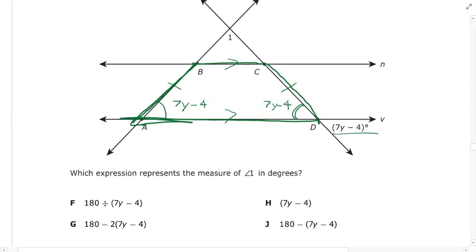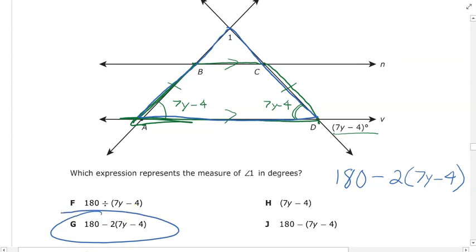Now if I look at the big triangle that includes angle 1, it has two base angles of 7y minus 4, 7y minus 4, and then the vertex angle would be 1 up there. So which expression represents the measure of angle 1? Well, 180 minus the two base angles, which are both 7y minus 4. So this one definitely represents angle 1, because that's exactly what we came up with.